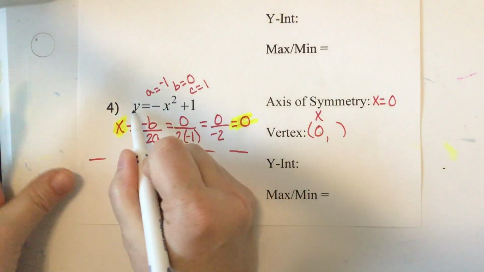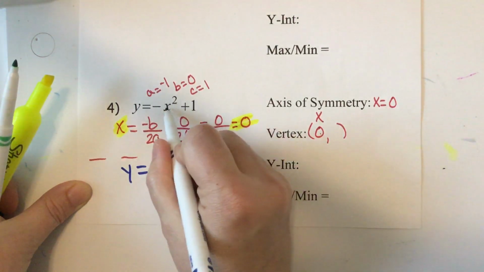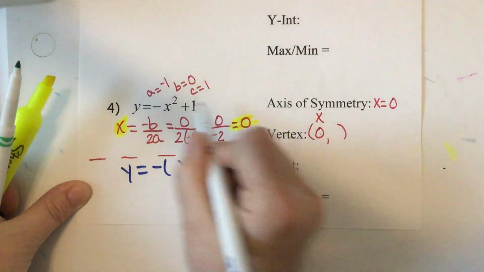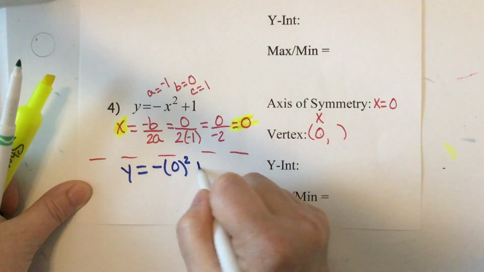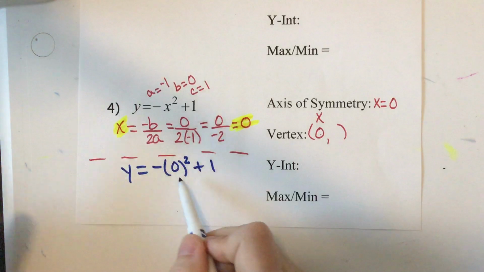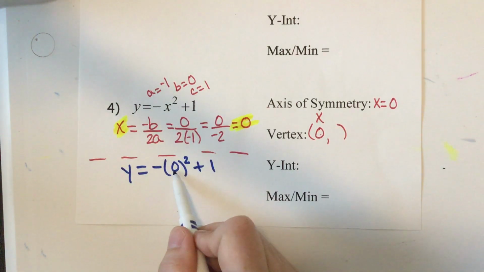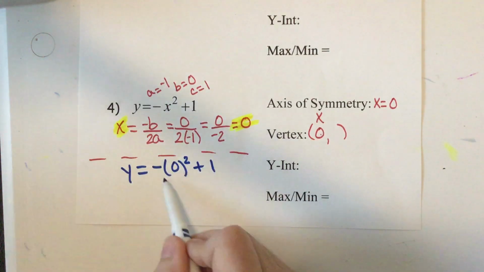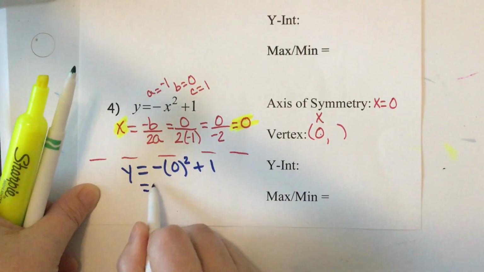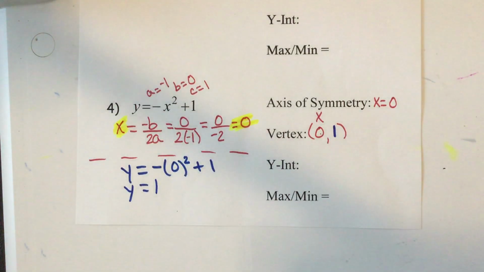So it's going to go y equals, type your negative, parenthesis, get your 0 up into that x, the squared on the outside, plus 1. Now, this is too easy to do on the calculator. What's 0 squared? 0 times 0. 0. The opposite of 0, still a 0. And 0 plus 1? 1. So that's the y value to our vertex.